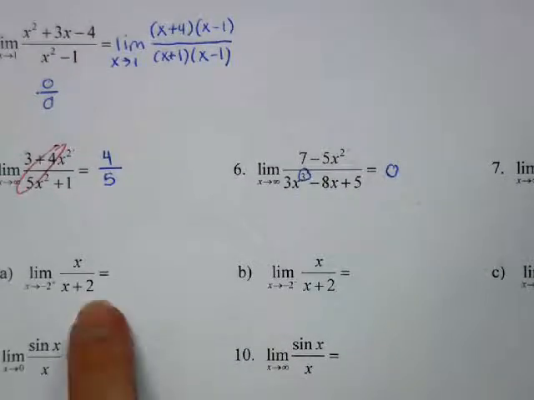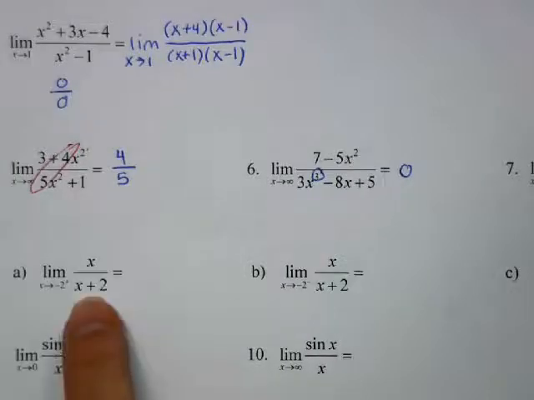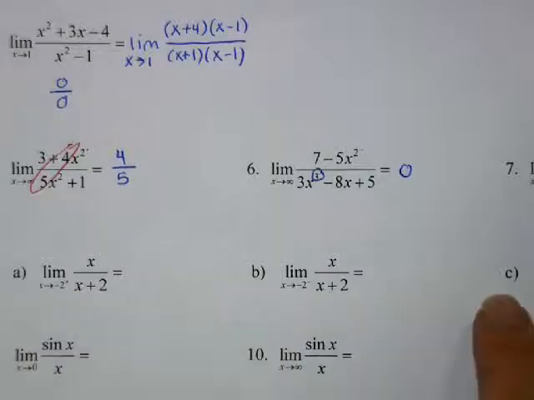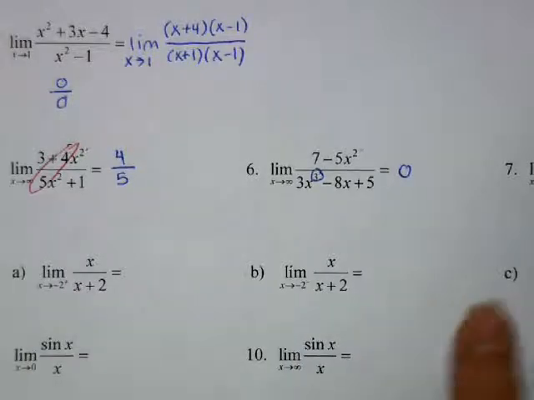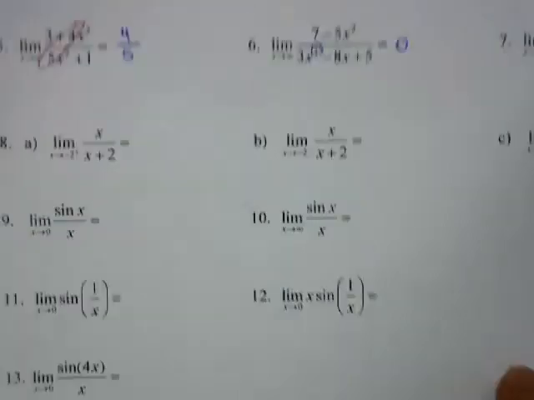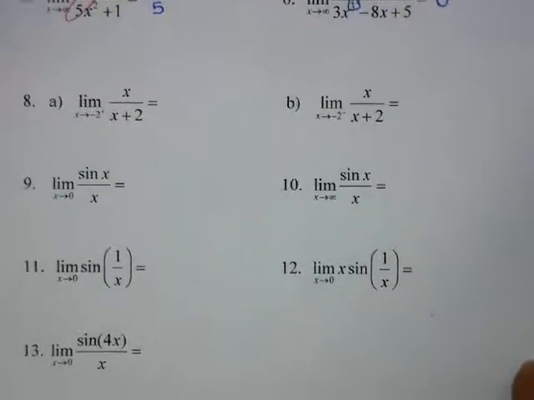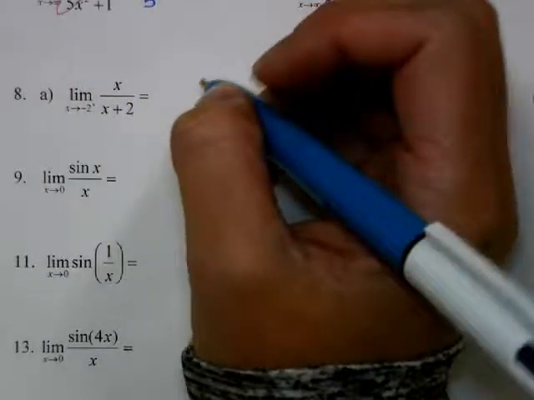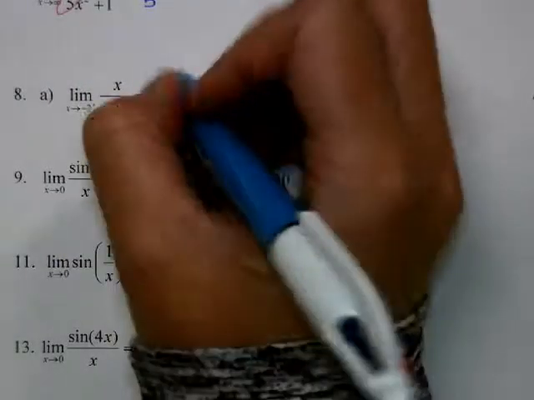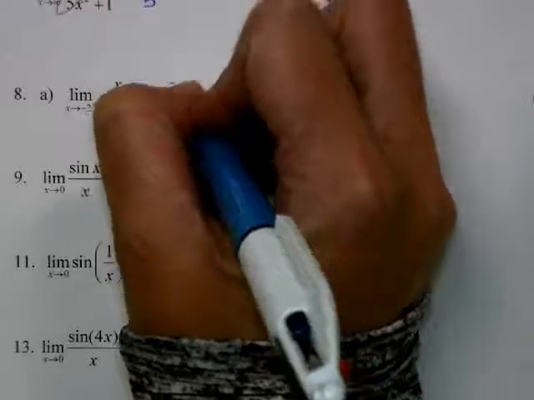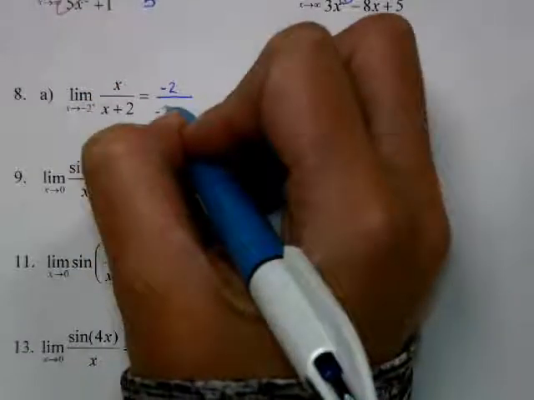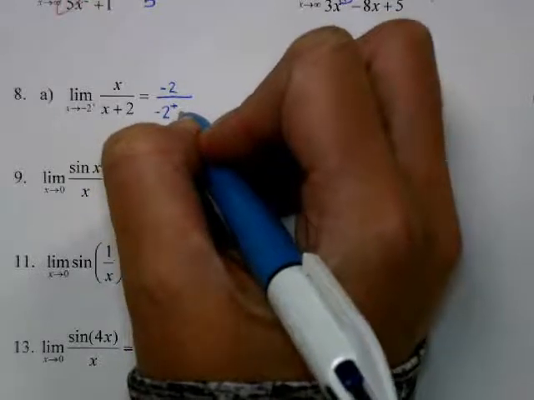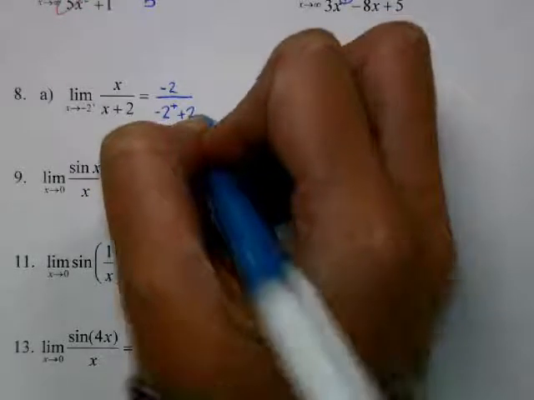These next three, we have the same function, x over x plus 2, and we're approaching negative 2. We know there's going to be a vertical asymptote there, but we're going to do some investigations on the right-hand limit and the left-hand limit. So if I plug in negative 2, we're going to plug in negative 2 over negative 2 plus.